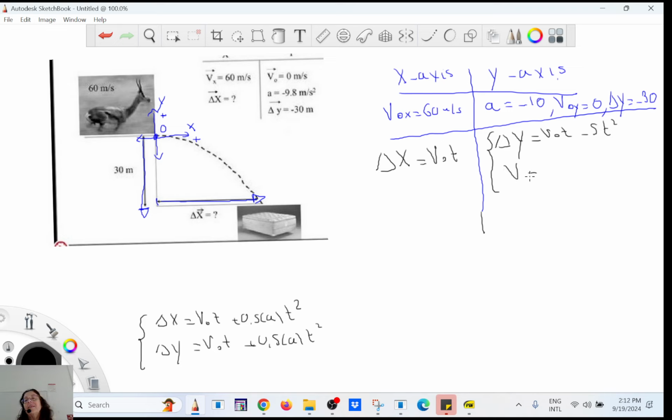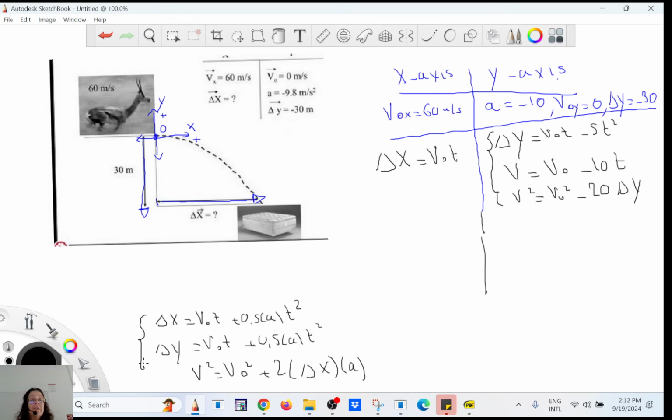So final equals initial minus 10t only for free fall. V square equals V0 square minus 20 delta y only for free fall again. Okay, otherwise you have to use the equation v square equals v0 square plus 2 times, for example, delta x times the acceleration, right?